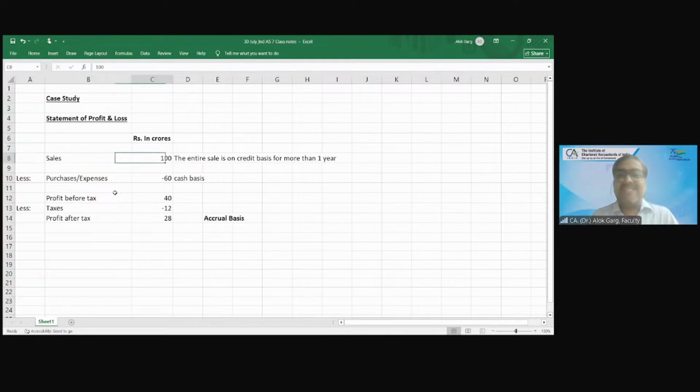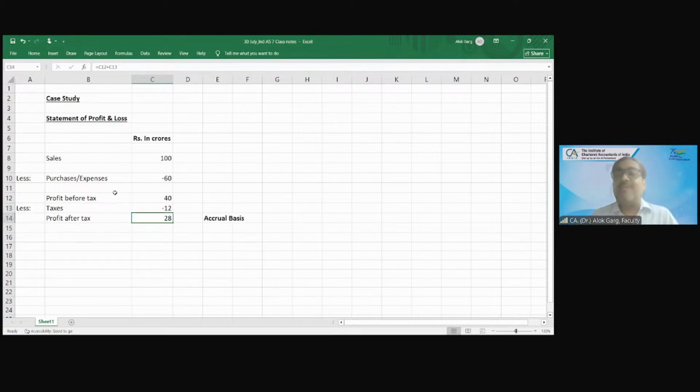The sales of the company is 100 crores. The purchases or expenses are 60 crores. The profit before tax is 40 crores. Taxes are 12 crores, 30% on the profit. 28 crore is profit after tax.